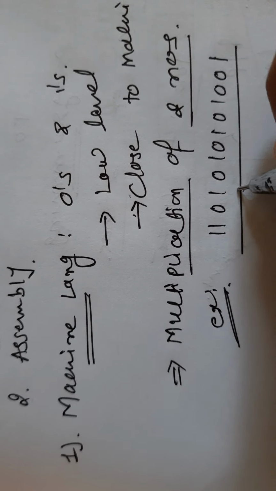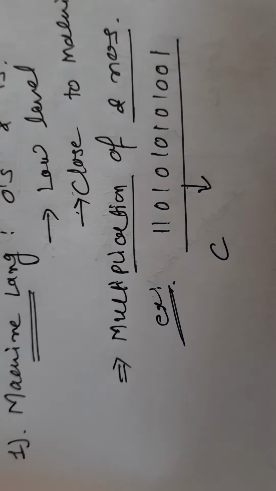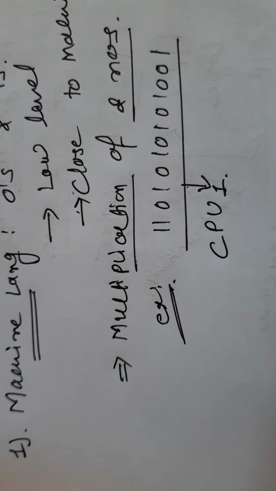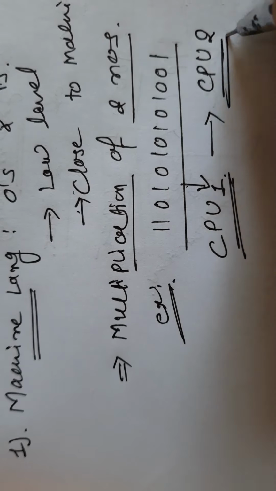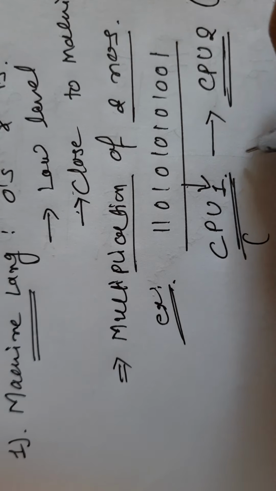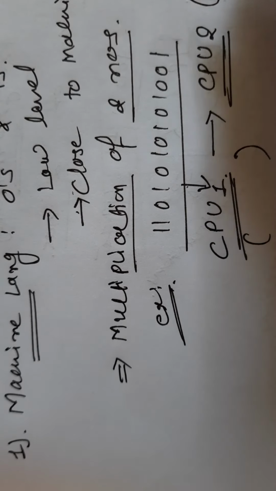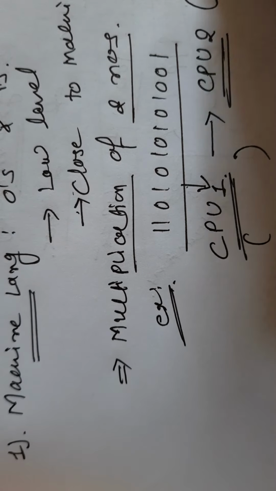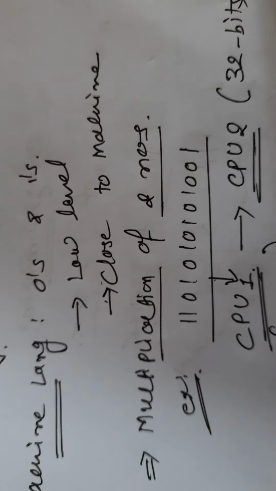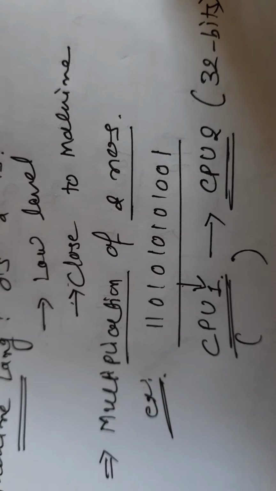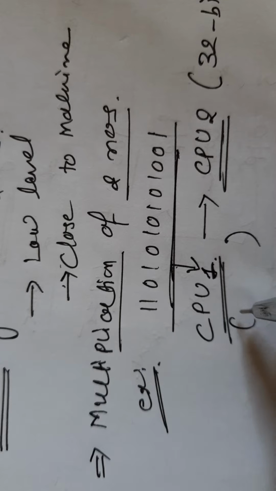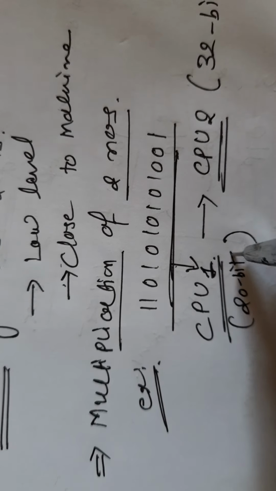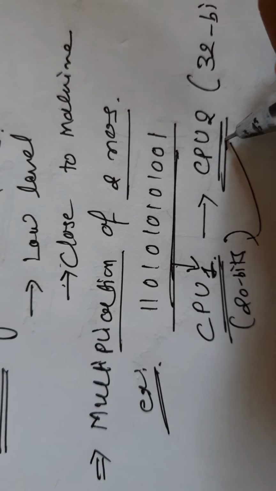Now, if you are writing this code for CPU 1 and you try to execute the same code on CPU 2, which is executing the instruction set of 32 bits, then the code which you have written for CPU 1, which is executing the instruction set of 20 bits, will not get executed on CPU 2.